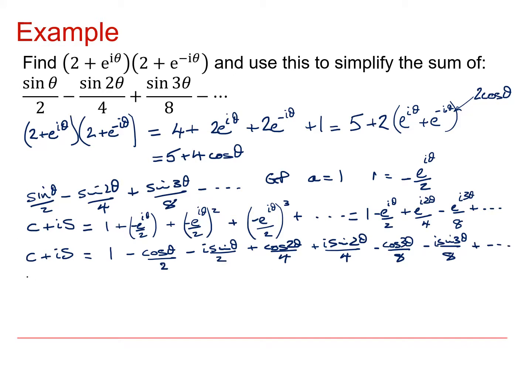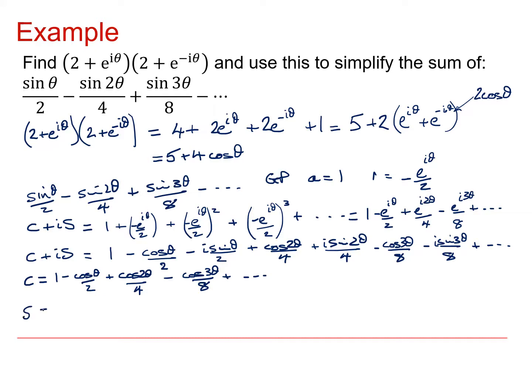And so now if I look at the real and imaginary parts, C is going to give me 1 minus cos theta over 2 plus cos 2 theta over 4 minus cos 3 theta over 8, and so on.